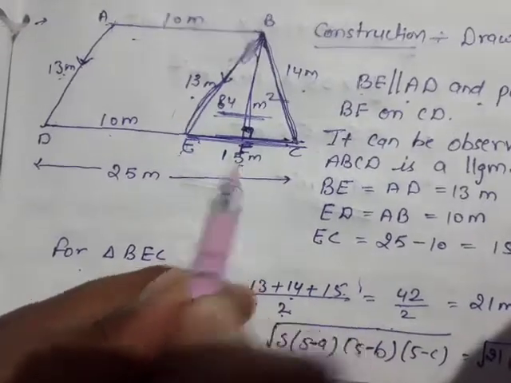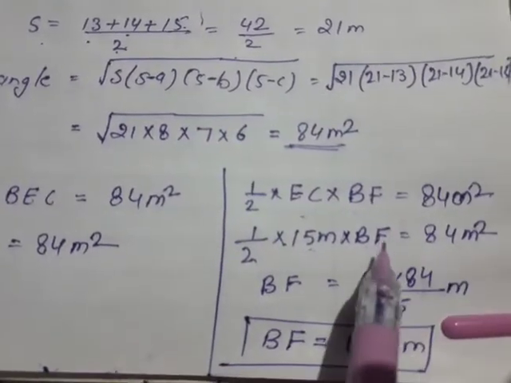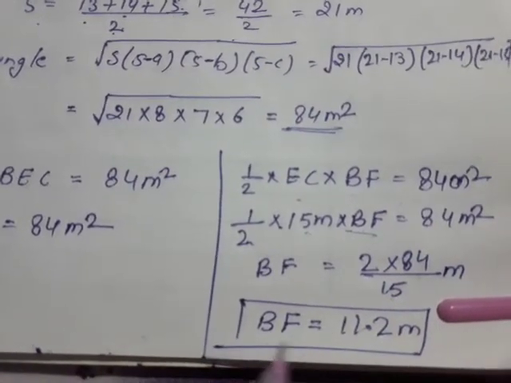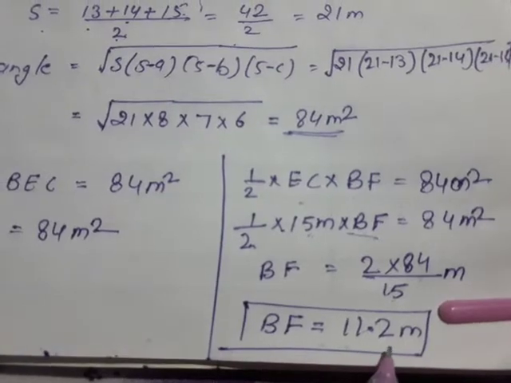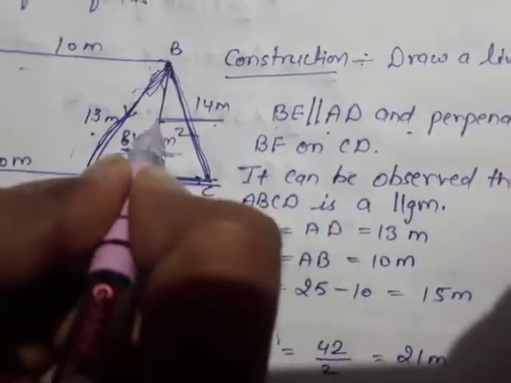The value of EC equals 15 meter, so half into 15 into BF equals 84. If we find BF from here, multiply by 2 and divide by 15, we get BF equals 11.2 meter. It is the height.